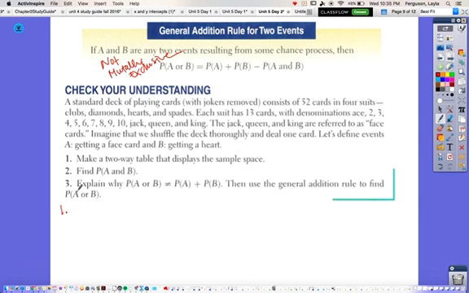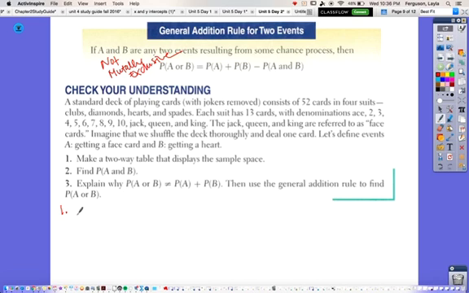So for number 1, the first thing it asks us to do is to make a two-way table that displays the sample space. Alright, if we're making a two-way table, the 2 pieces of information that we are worried about are getting a face card and getting a heart.